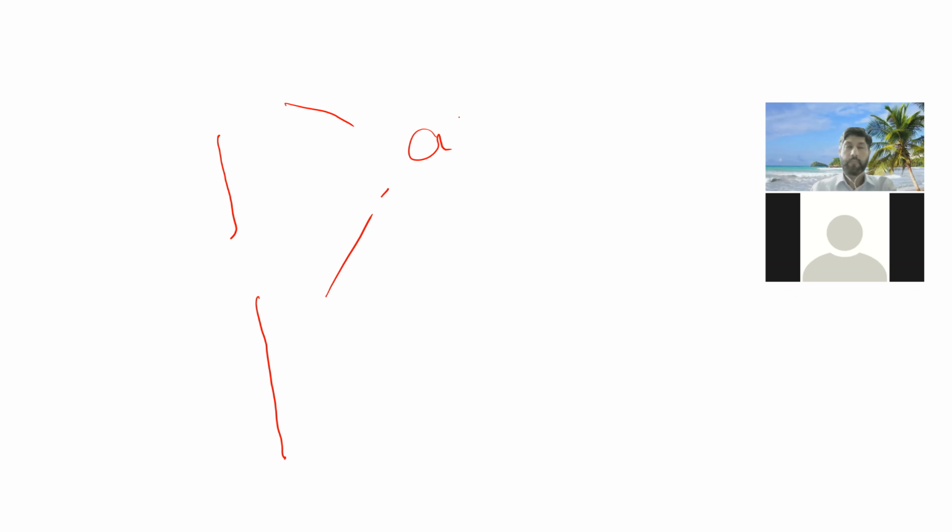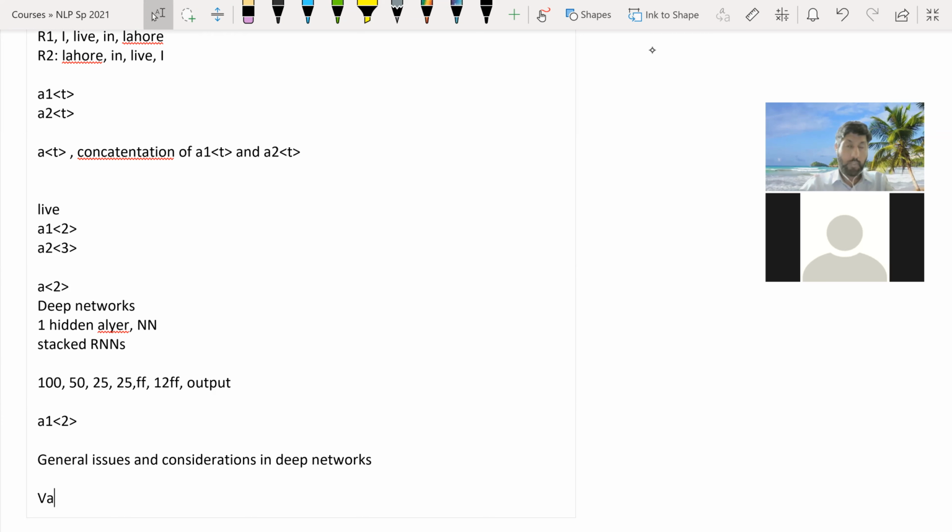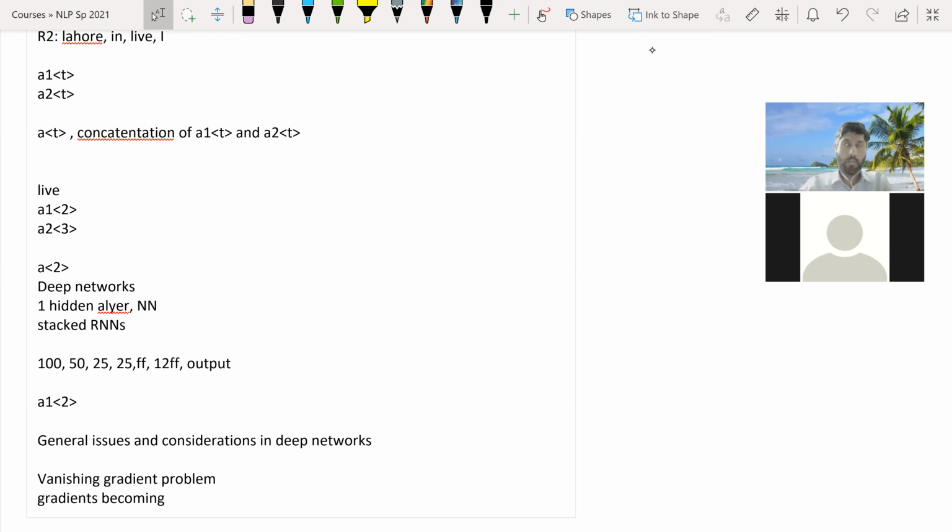So first of all, let's talk about the vanishing gradient problem. We have already talked about this before. The vanishing gradient problem stems from the issue of gradients becoming zero. When the gradient becomes zero or very small, what happens?